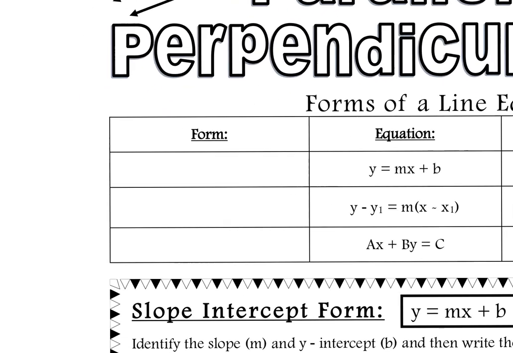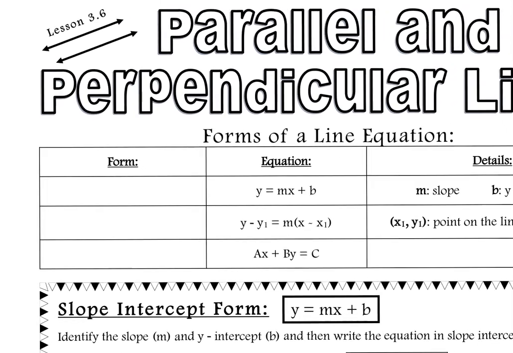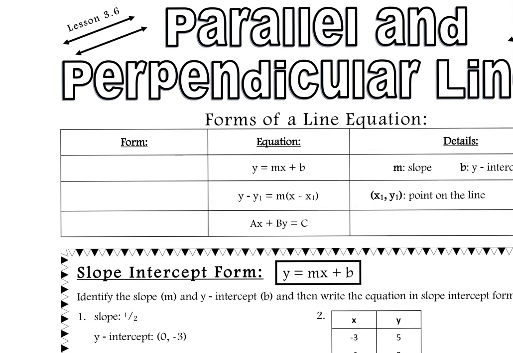So we're going to start right here in this top box. And the first thing that we need to do is identify these different forms of equations that we have here. In the first box, we have y equals mx plus b, and you should know that this is slope-intercept form.